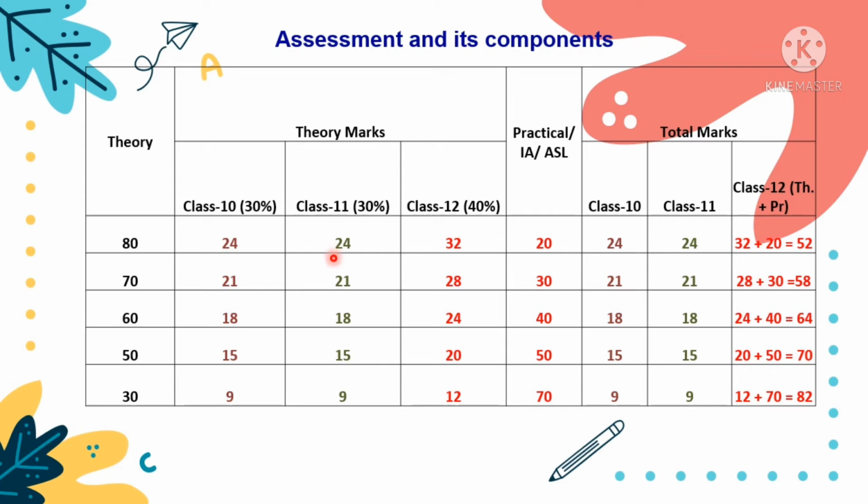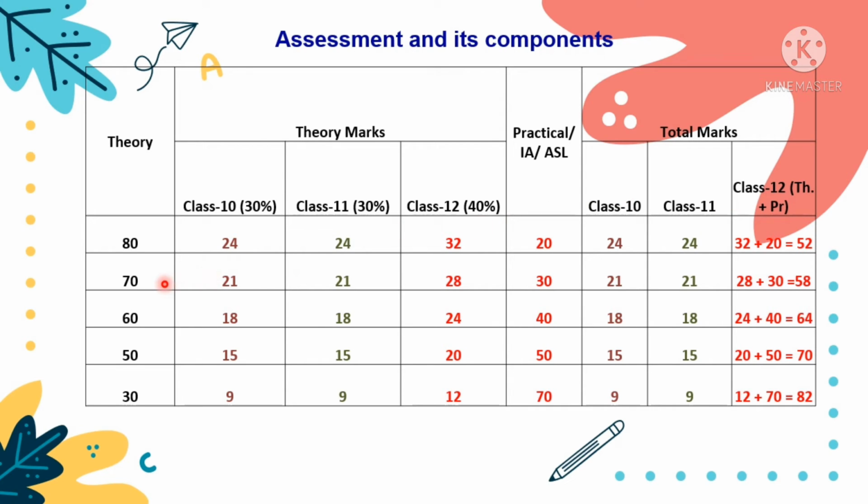And from class 12, 40% of 80, which is 32 marks. So from class 12, 32 for theory, 20 for practical, and together it will make 52. So from class 12 theory and practical 52 marks, 24 from class 10, 24 from class 11, and 24 plus 24 plus 52 is 100 total, right?